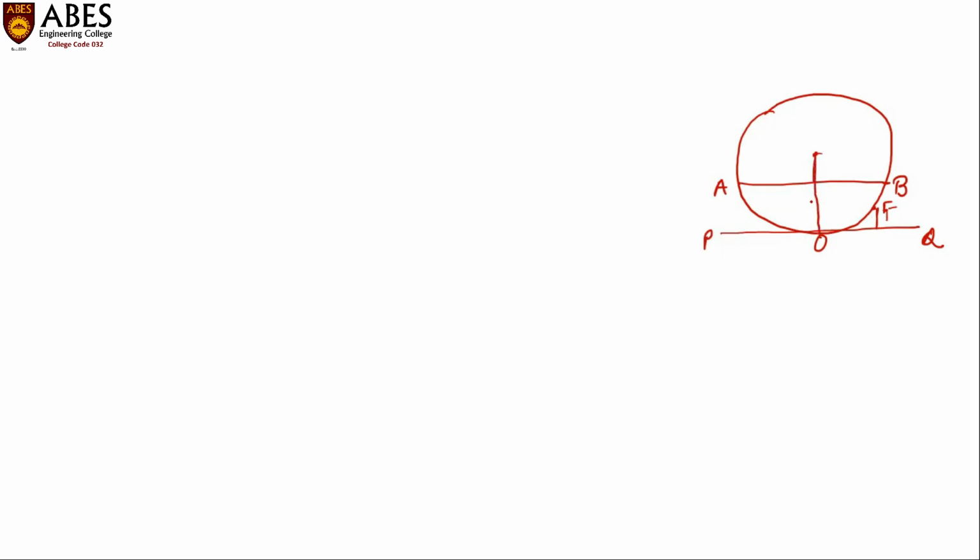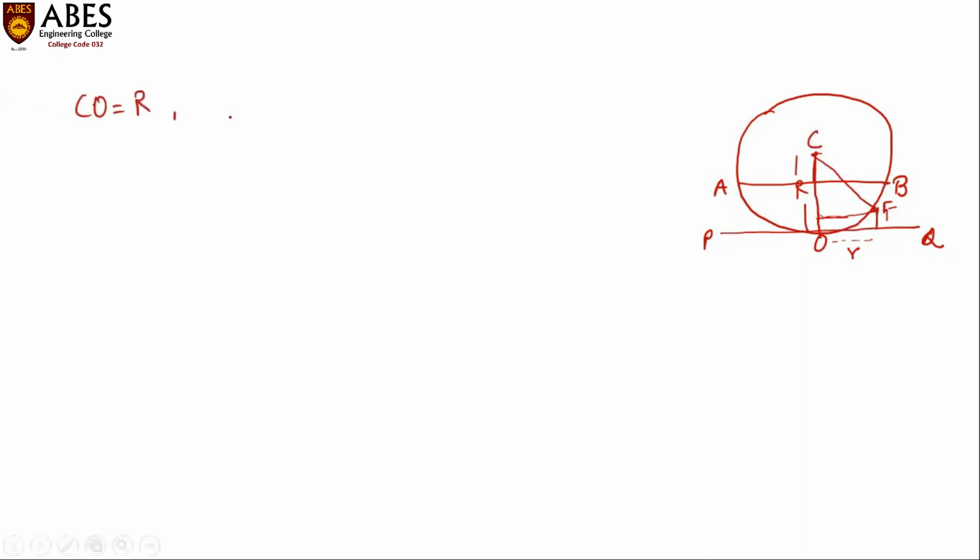The ring produced from O to F has radius small r, and capital R is the radius of curvature.